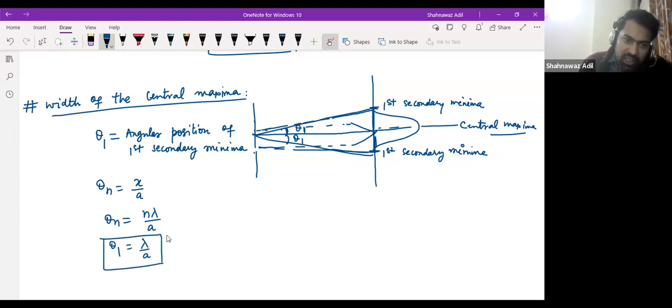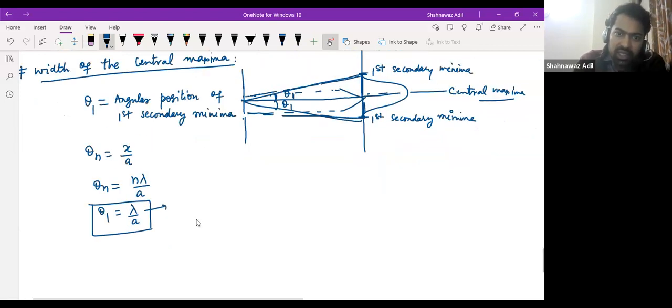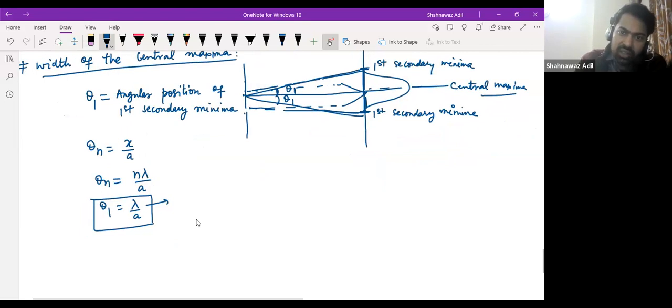So this is the theta 1, right? And if we want to calculate the angular width of this maxima, this is the angular width of the central maxima. So angular width would be how much, guys? What would be the angular width? Theta 1 plus theta 1.